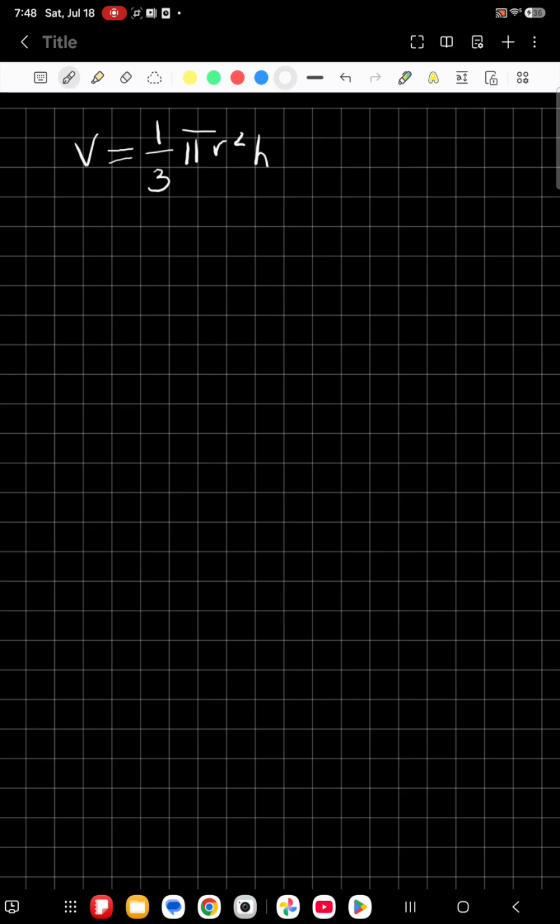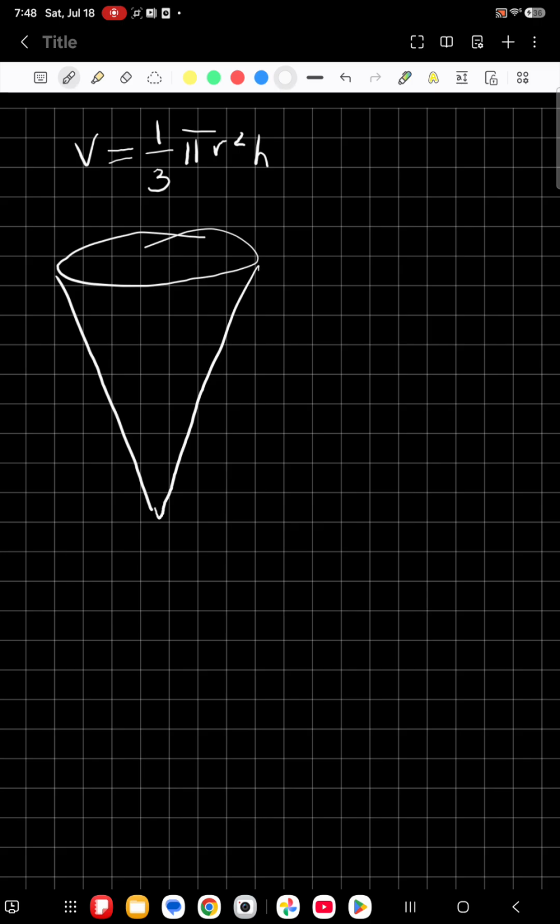I'll quickly draw the whole thing. So that's that conical tank. This is the radius. I'm going to make that red. All right, so we have.